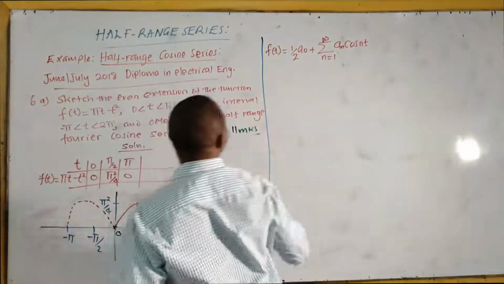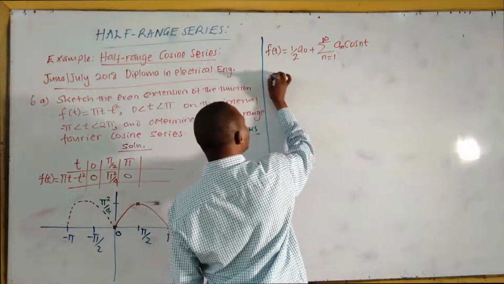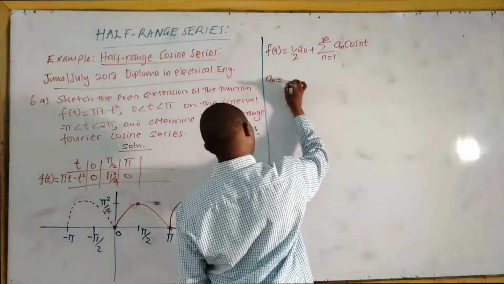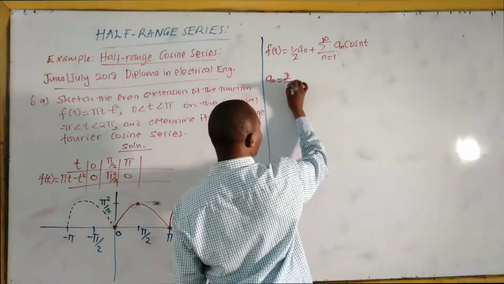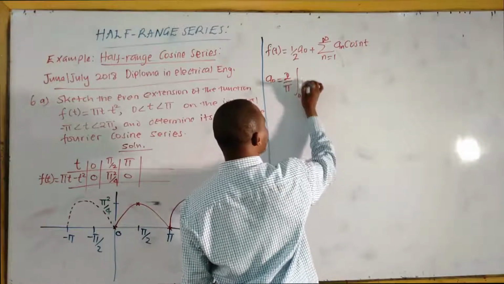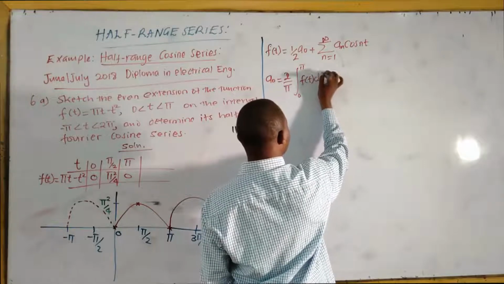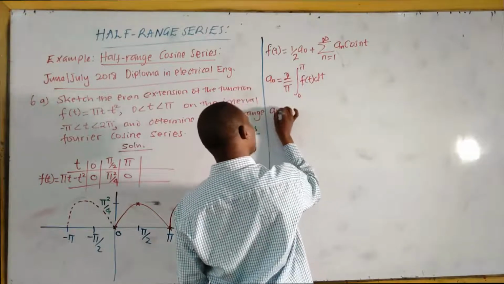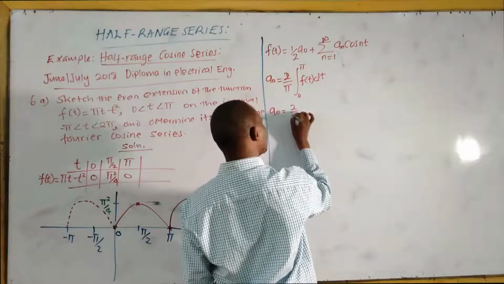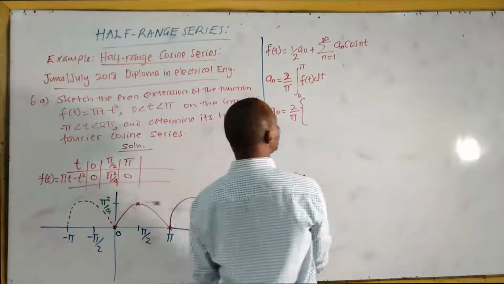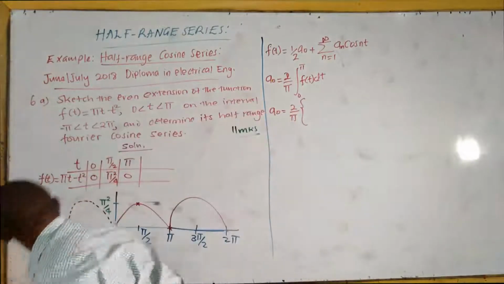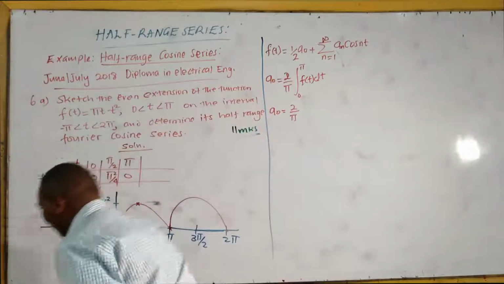Let us get a naught. A naught is equal to 2 over pi, for an even function, the integral from 0 to pi of f(t) with respect to t. I've not integrated, so let me integrate and apply the limit.